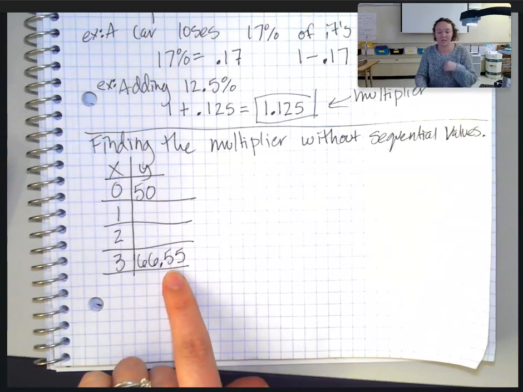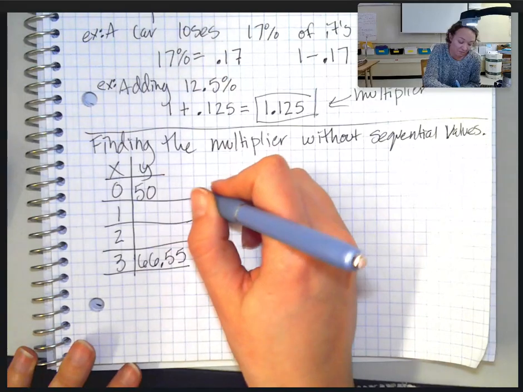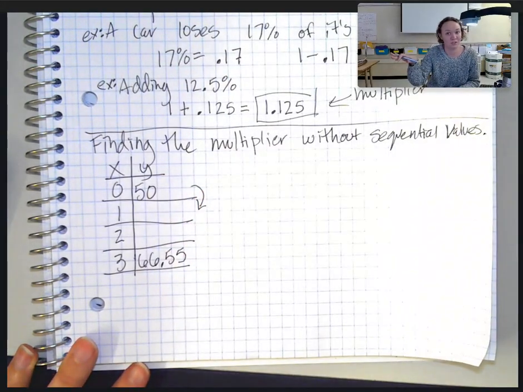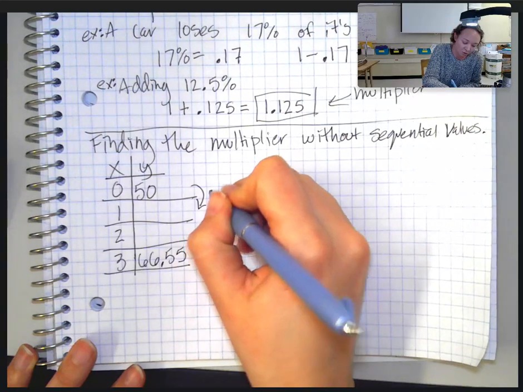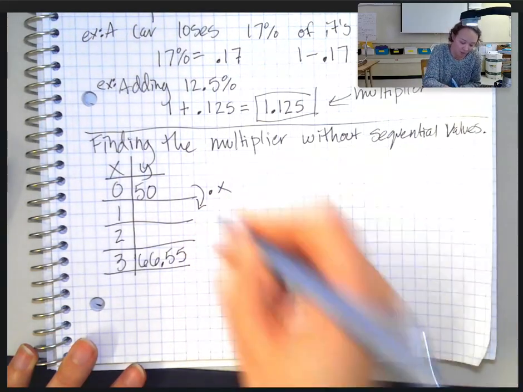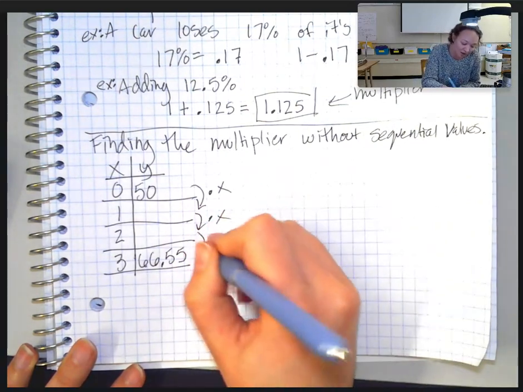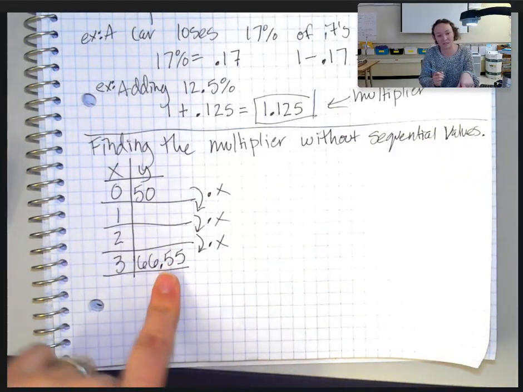This is problematic. However, I told you that it's exponential, right? You can't do this unless you know for sure that it's exponential, but I've told you it's exponential. So that means that I must be able to multiply by something and then multiply by the same something and then multiply by that same thing again and end up at 66.55.